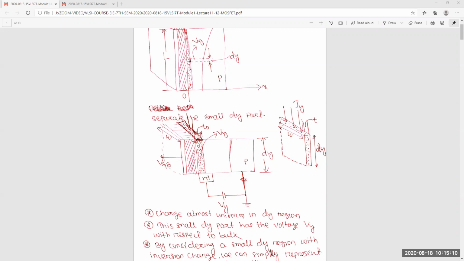Once you calculate the current for this region, you will integrate over the whole region, then we will find the ID. This is the main thing we will derive. Is it understandable? Yes, sir.